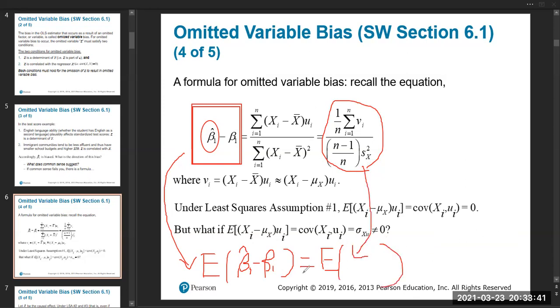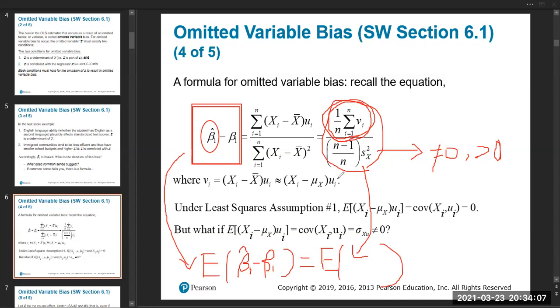Do we know if this is 0? So the problem comes down here: the denominator is for sure larger than 0, because a denominator cannot be 0. So we only care about whether the expectation of the upper part is 0 or not.